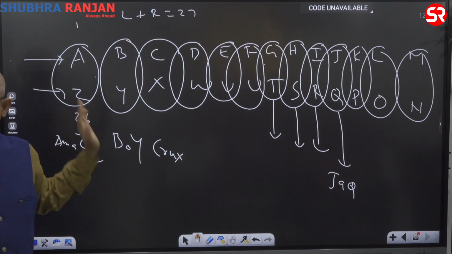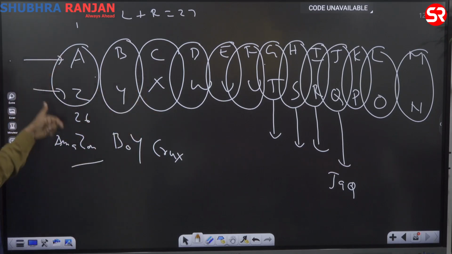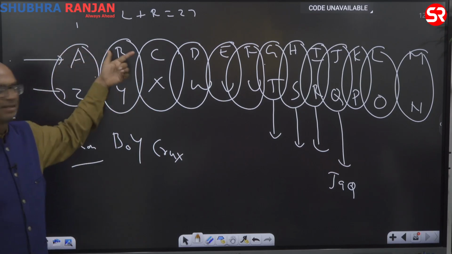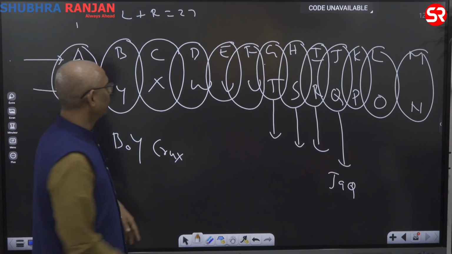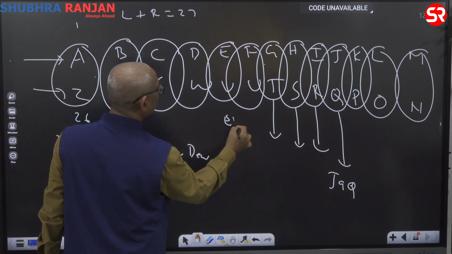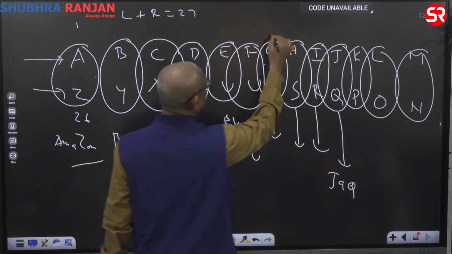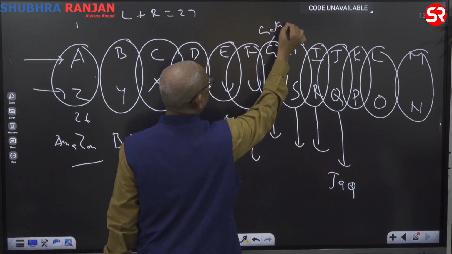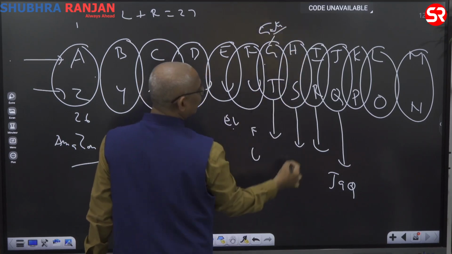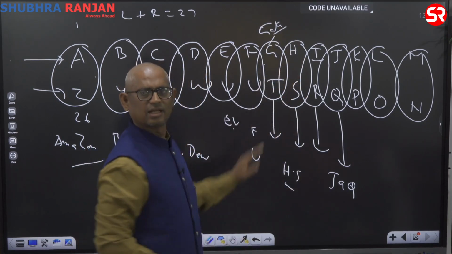Comfortable? Now don't remember the story. Remember Amazon, AZ, boy, BY, crux, CX, dew, DW. Evening, EV, fun, FUN, ZT, gate. Remember the word gate, GT, high school friends. So, Indian Railways, whatever.